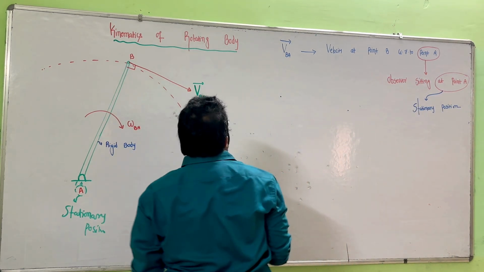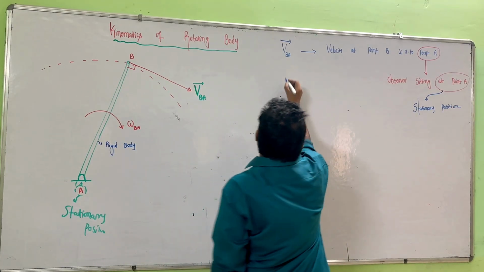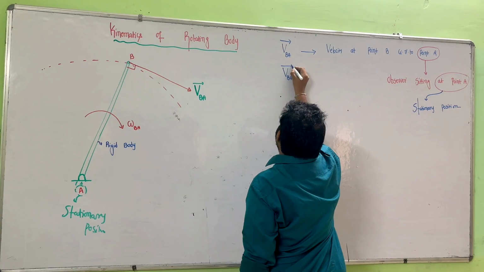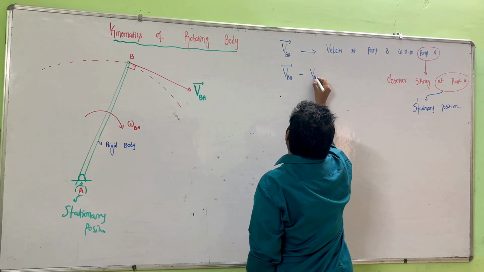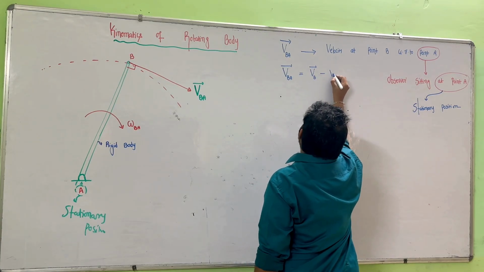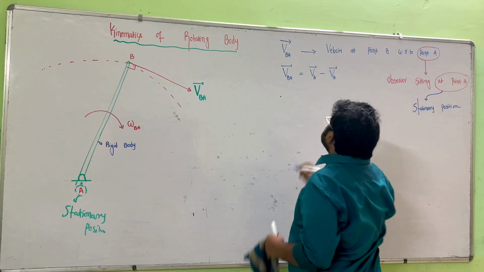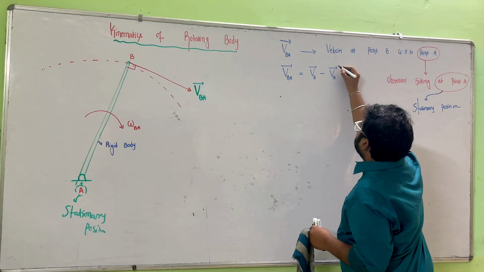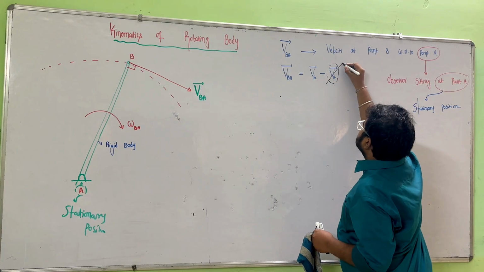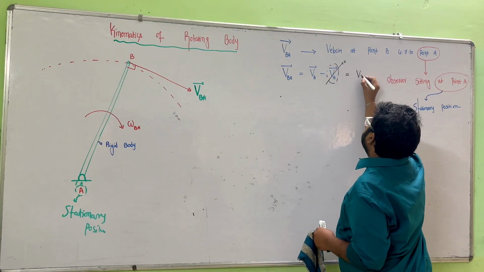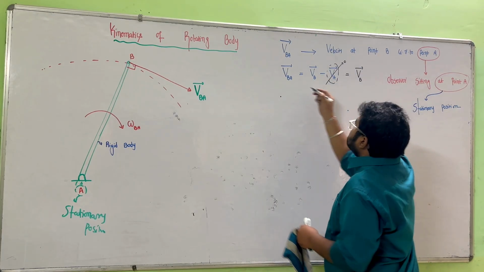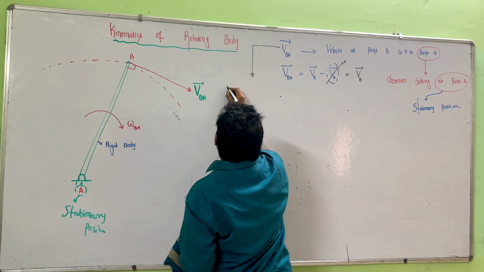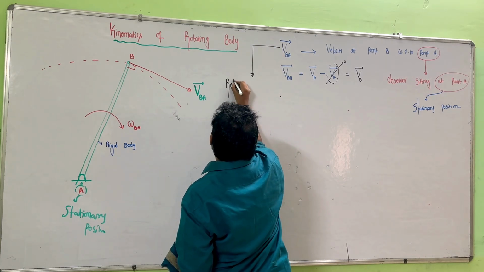Velocity of point B with respect to point A. What is the velocity of point A? Zero. That equals the velocity of point B. This is what? Relative velocity.